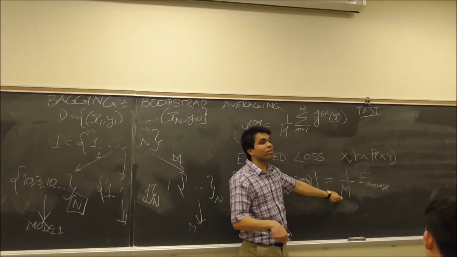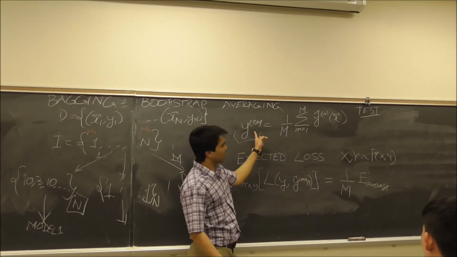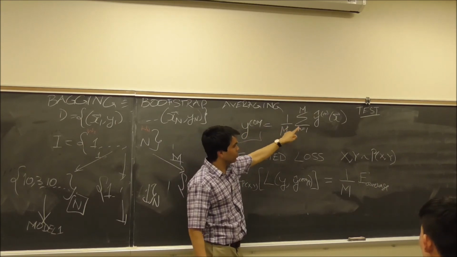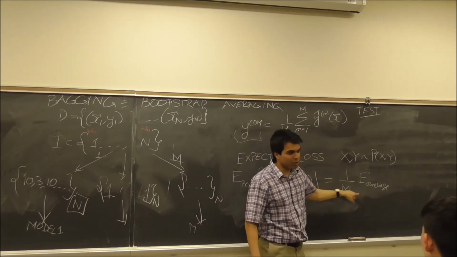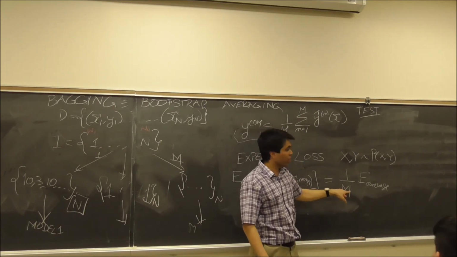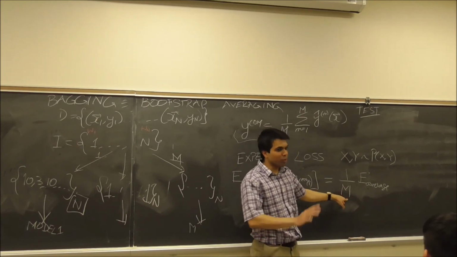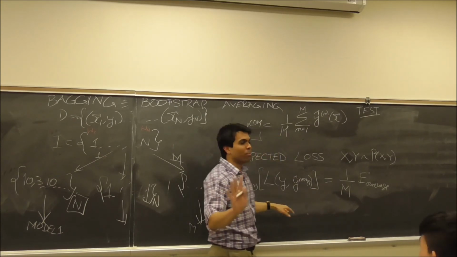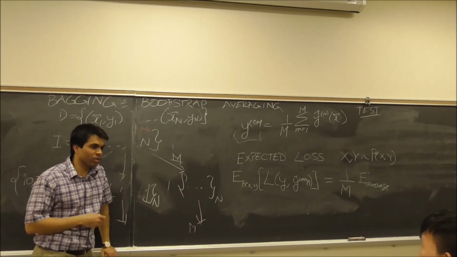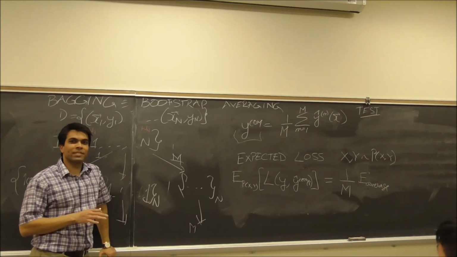You divide by another factor of m, and that's the error that this committee is making. So somehow by averaging the predictions, you do better than the average of the errors, and better by a factor of m, 1 over m. So if you have a really large committee, you can drive down the error to 0, but this is going to be under certain assumptions, which will not be possible if you have a really large committee. Does that make sense?